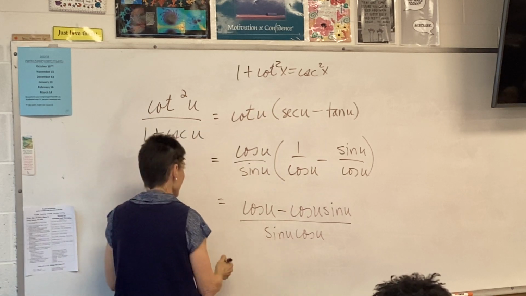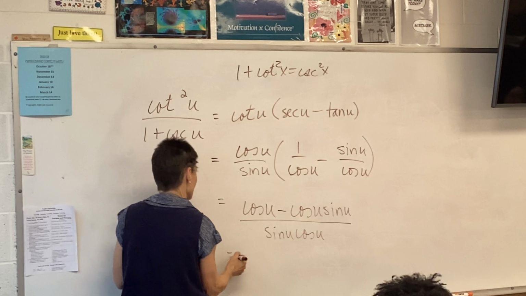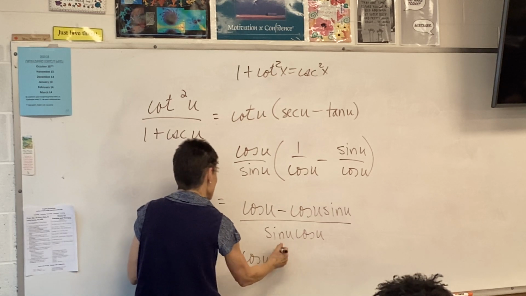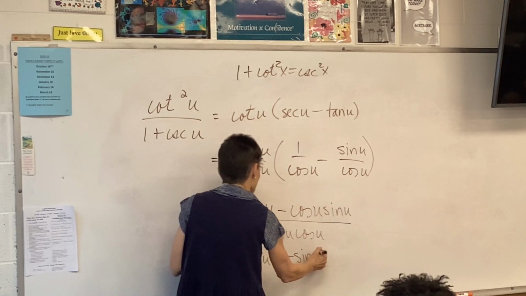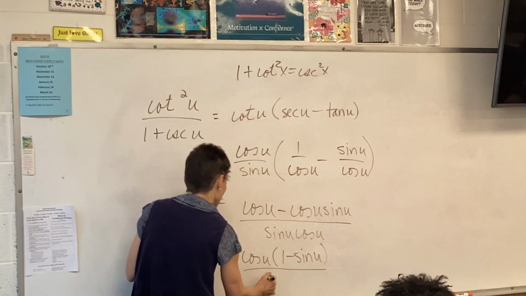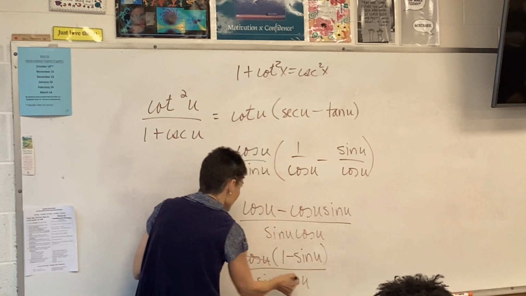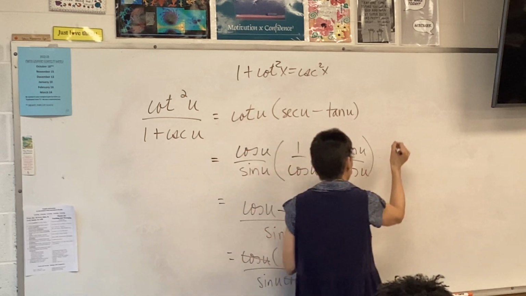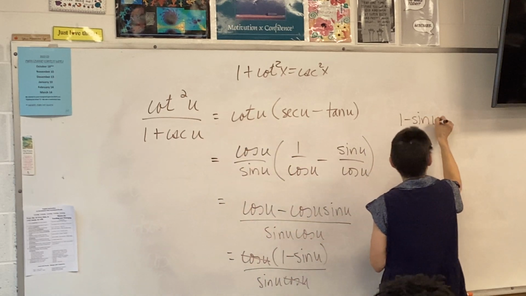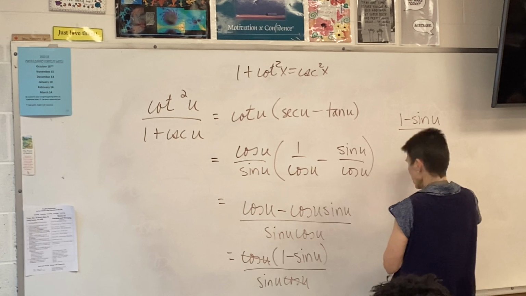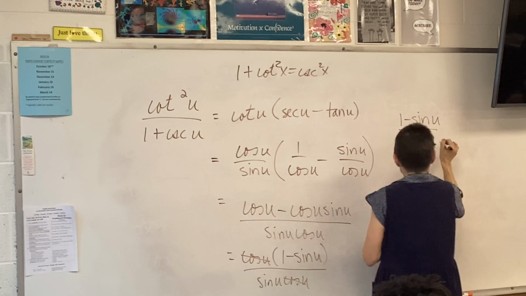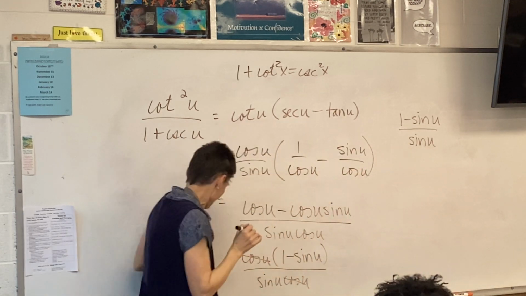We could factor out a cosine and actually cancel it, if that's what you want to do. We have to pay attention here to what's happening. We could do that. So now we have 1 minus sine over sine. Keep an eye on my arithmetic, did I do that right?